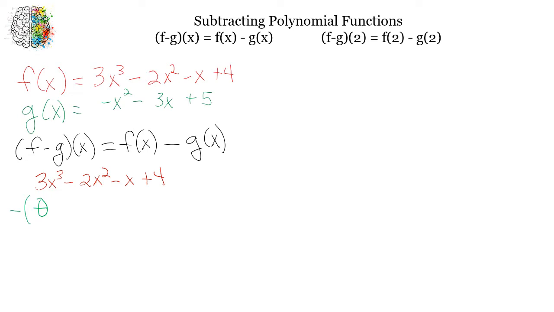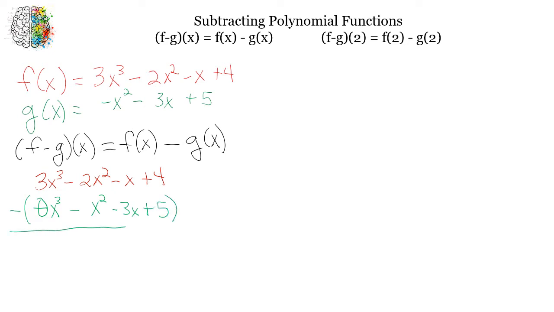So I'm going to put a 0 there to show that I have a 0 coefficient in front of my x cubed. And then make sure that my variables are lined up. So the x squareds are lined up, the x's, and the constants.